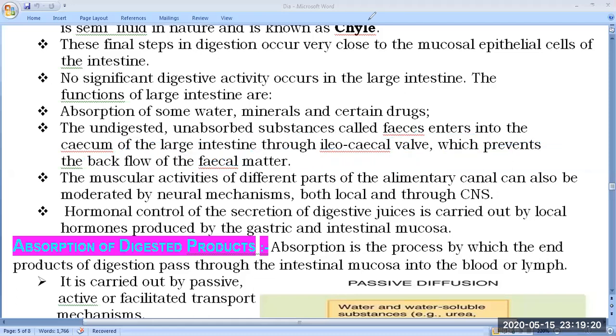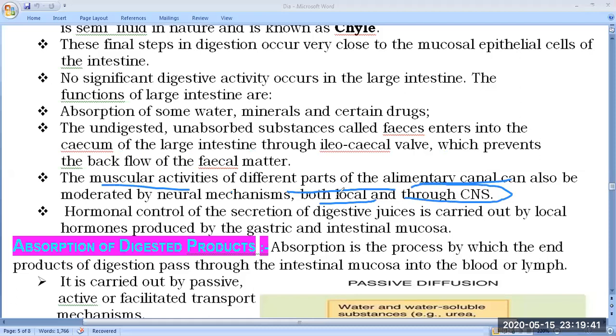Next, the muscular activities of different parts of the alimentary canal can also be moderated by a regulation mechanism. This regulation is controlled by both the local and the central nervous system.